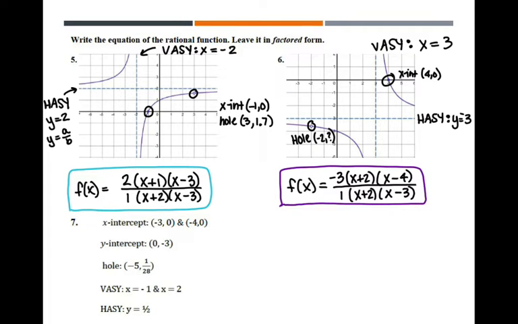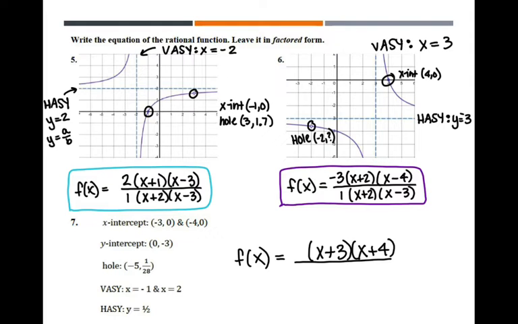All right, let's keep going. So number 7, I actually have my characteristics listed out instead of looking at the graph. So same thing, I'm going to start by setting up my giant fraction. I have 2 x-intercepts, so one at -3, so that means it came from a factor of x plus 3, as well as -4, so that comes from x plus 4.